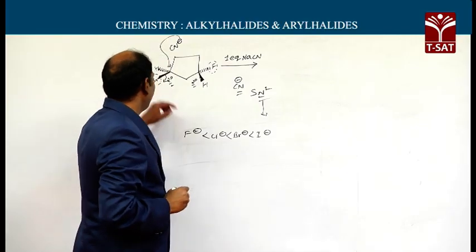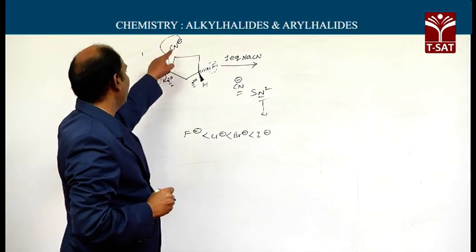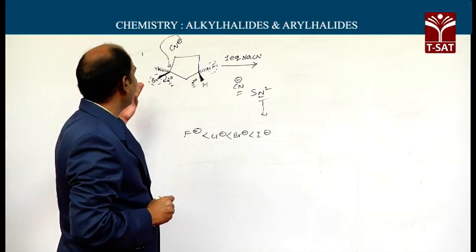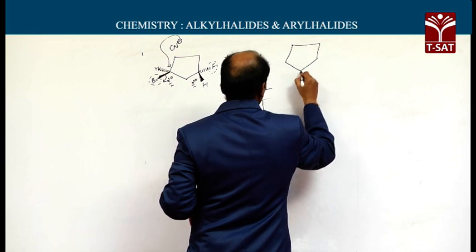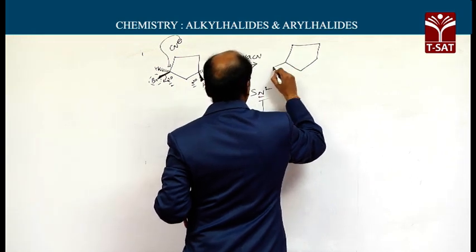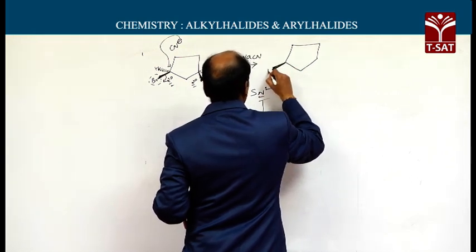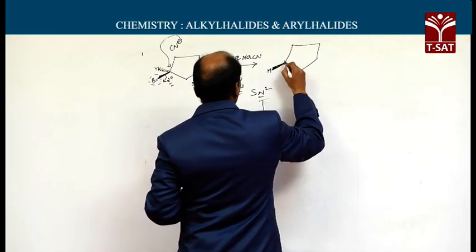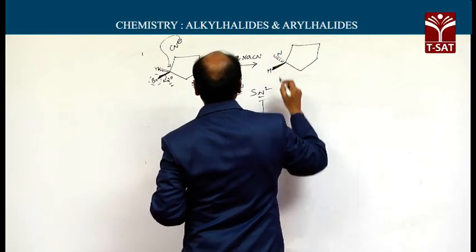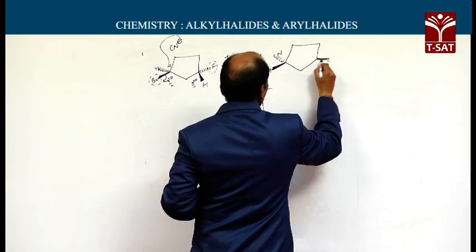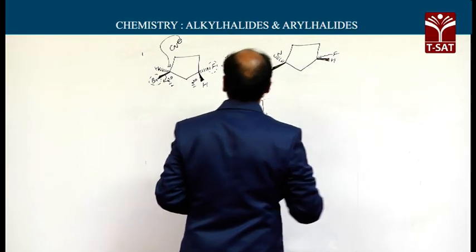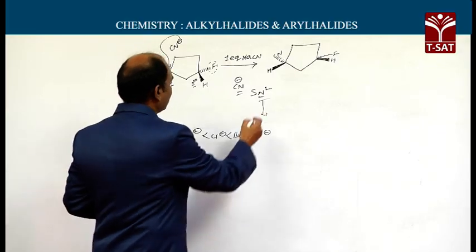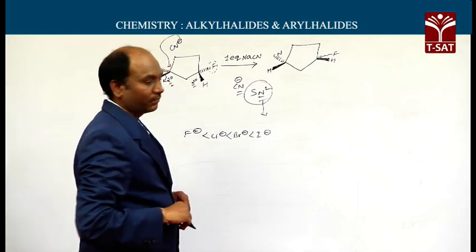Here the Br is present in front side and CN minus approaches from the back side. So in the product, H is present above the plane, and CN minus is present below the plane. Here this is hydrogen and this is fluorine. So which reaction is this? This is an SN2 reaction. This is one example.